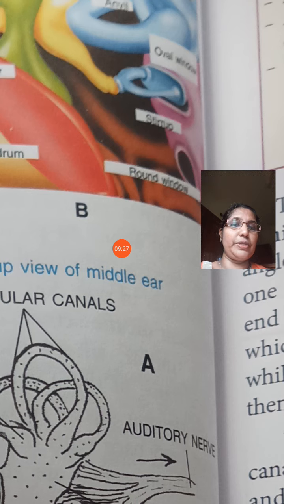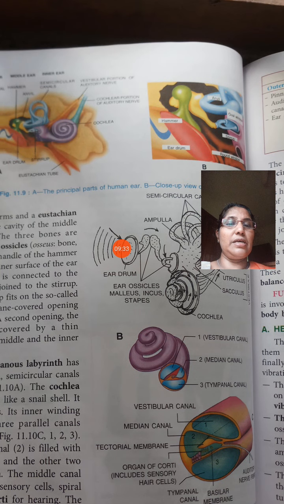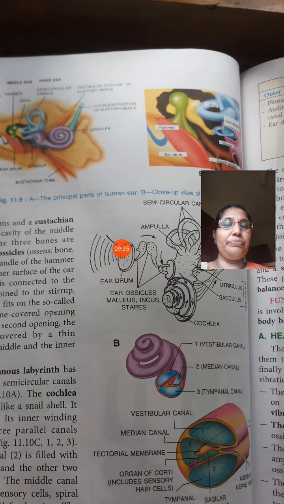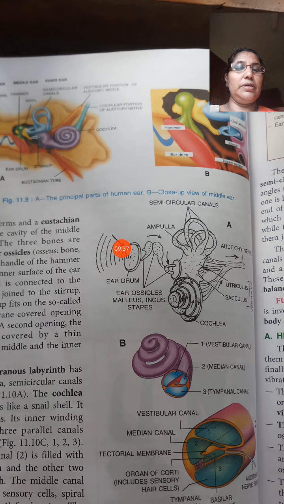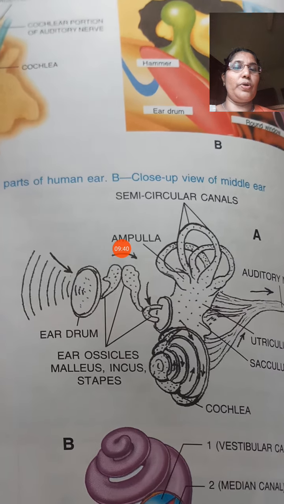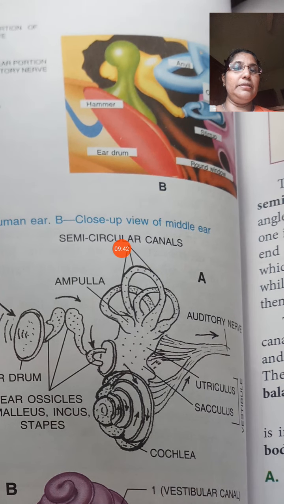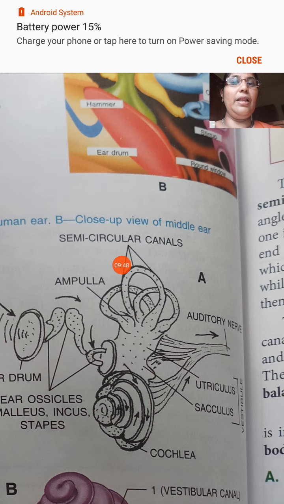That is how the middle ear is shown here in the picture. 3 ear ossicles and the eustachian tube together make the middle ear.